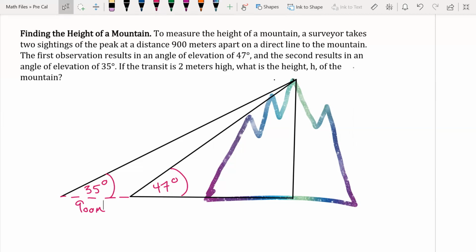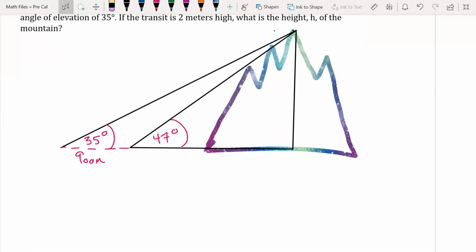And then we have a transit that is 2 meters high. So actually I could have drawn my mountain a little better. Here's our transit that's 2 meters high.